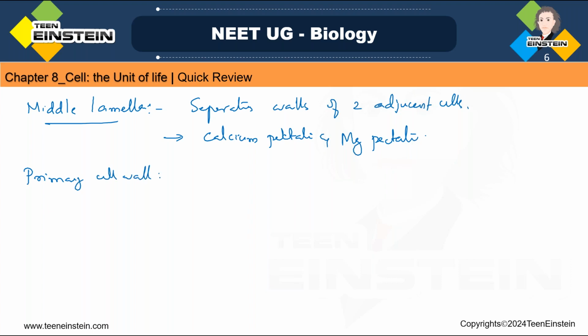Primary cell wall. As the word means, it is the primary or initial wall that develops on both sides of the middle lamella.